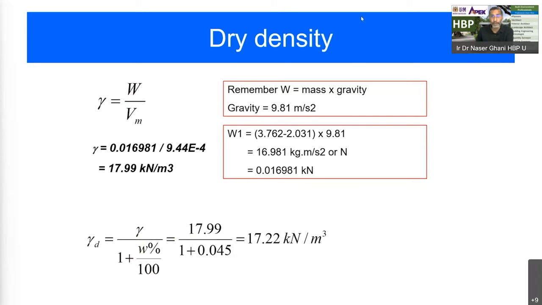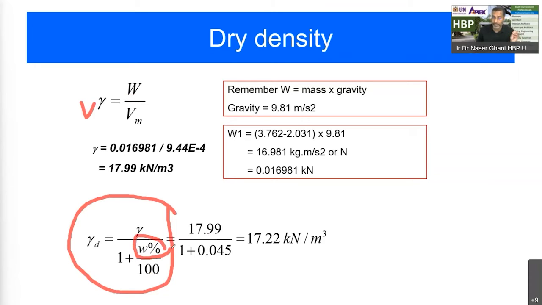But to calculate gamma dry, we use this formula, which is gamma dry equals gamma, the wet density, divided by 1 plus the moisture content that we have just established, from the difference before and after it goes into the oven, divided by 100.